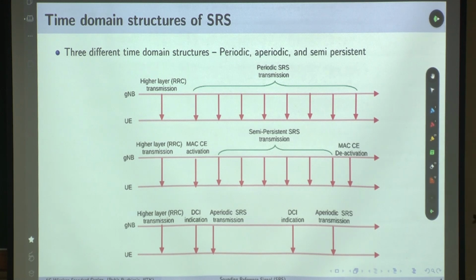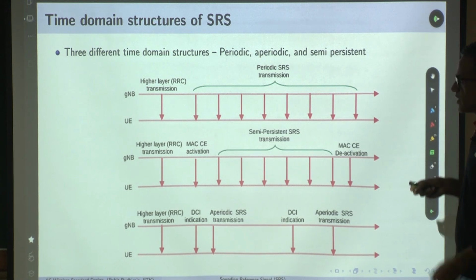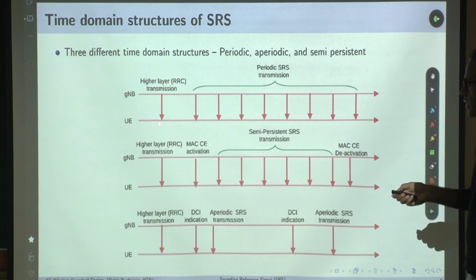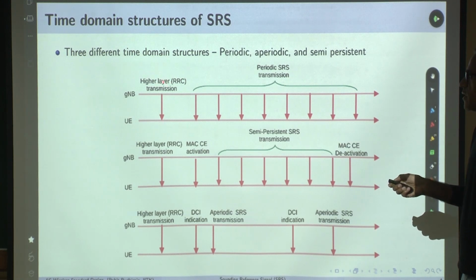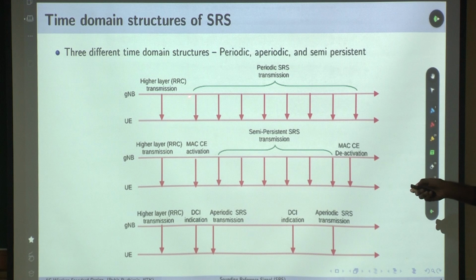The first one is the periodic SRS transmission. What is happening here? There is a message which comes from the higher layer. The higher layer has to configure the sounding reference signal, which is basically the RRC. The physical layer is not involved in configuring this periodic SRS transmission.